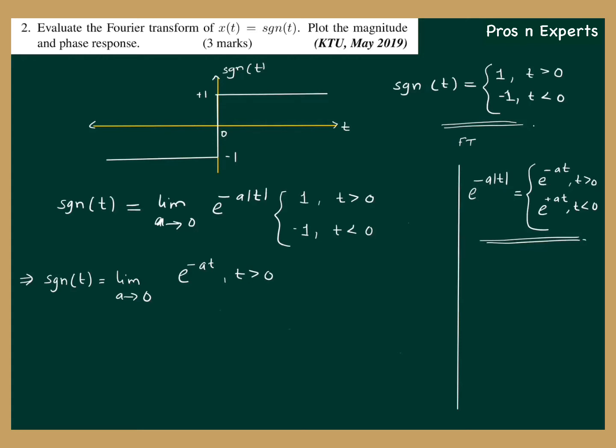And now I'm going to multiply this portion with this portion, and you have to take care that e raised to minus a mod t will reduce to e raised to plus at for t less than 0. That means this portion, so I can write this as minus 1 into e raised to plus at for t less than 0. So this is what we end up with while manipulating signum of t like this.